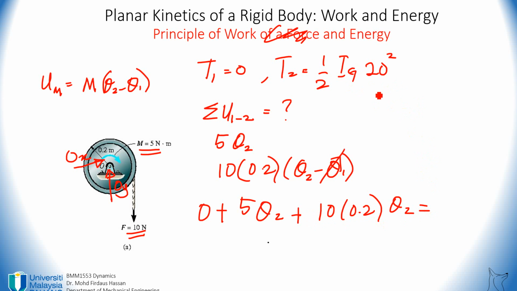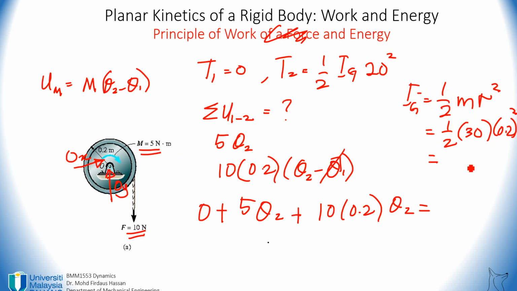T2 is half Ig omega 2, with omega 20 to the power of 2. So what is Ig for this? Ig for this is 1 over 2 m r squared, so half times 1 over 2 times 30, times r, 0.2, squared.